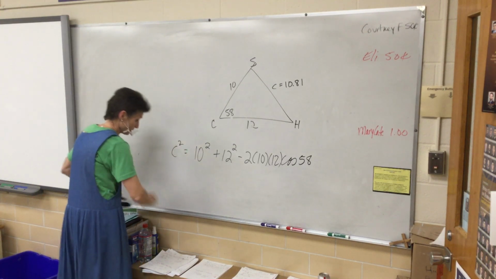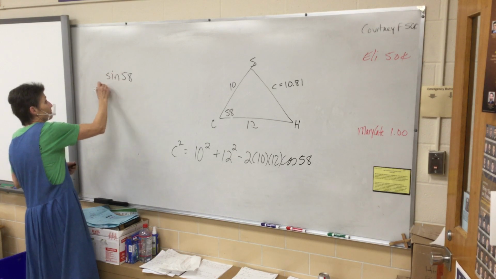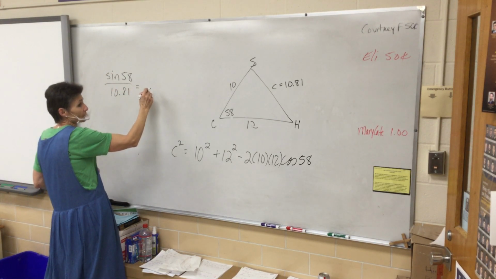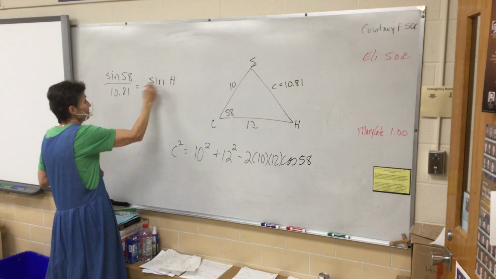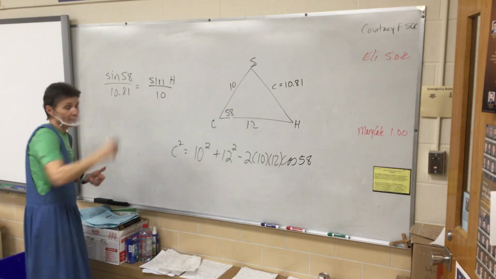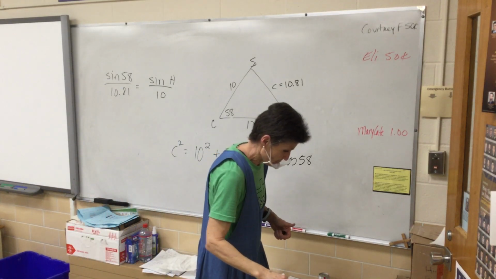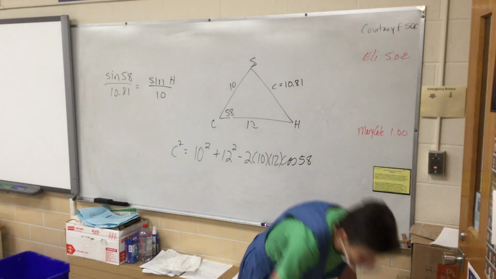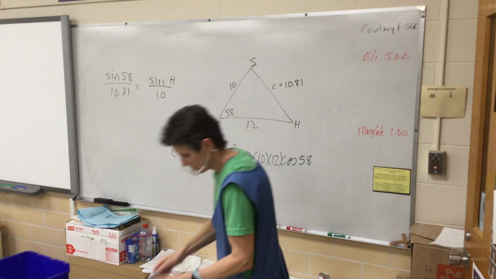So what's that going to look like? Sine 58 over 10.81 equals sine h over 10. Could I also do sine s over 12? Yeah, it doesn't make any difference. Whatever you want to do is fine. Okay, so here we go.